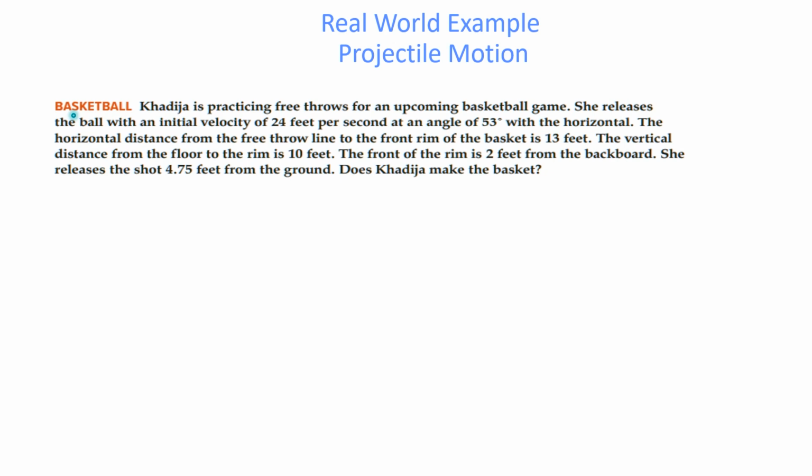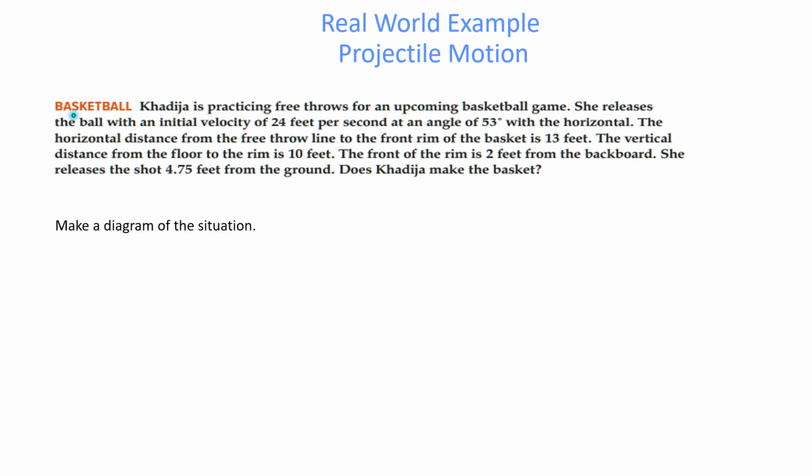The horizontal distance from the free throw line to the front rim of the basket is 13 feet. The vertical distance from the floor to the rim is 10 feet. The front of the rim is 2 feet from the backboard. She releases the shot 4.75 feet from the ground. Does Khadija make the basket?